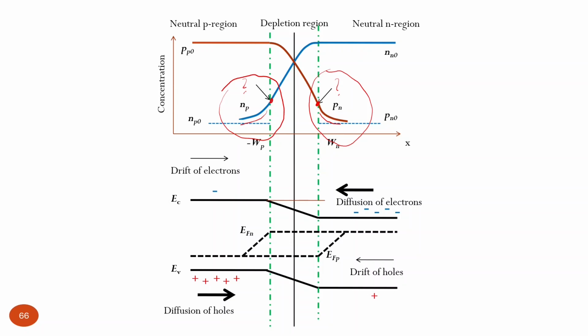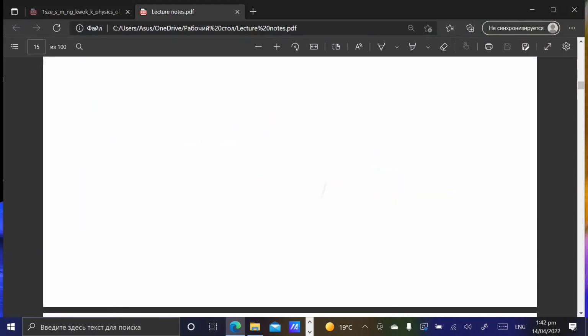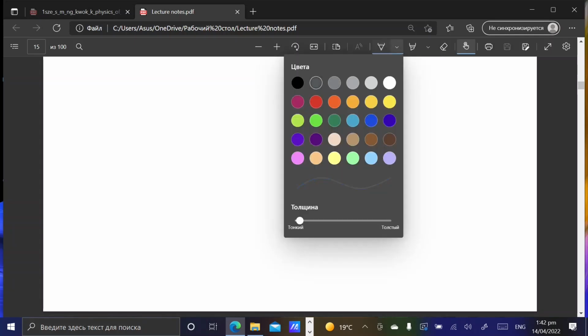So let me find where we stopped. Okay, so we are interested now, as was shown on the previous image, in the concentration n_p at minus W_p, which is the edge of the depletion region in the p-type semiconductor.